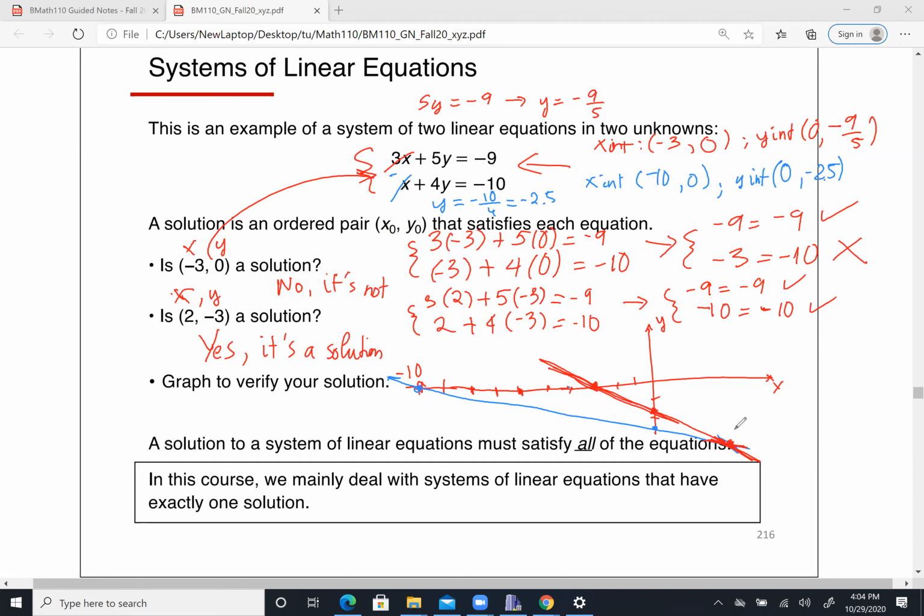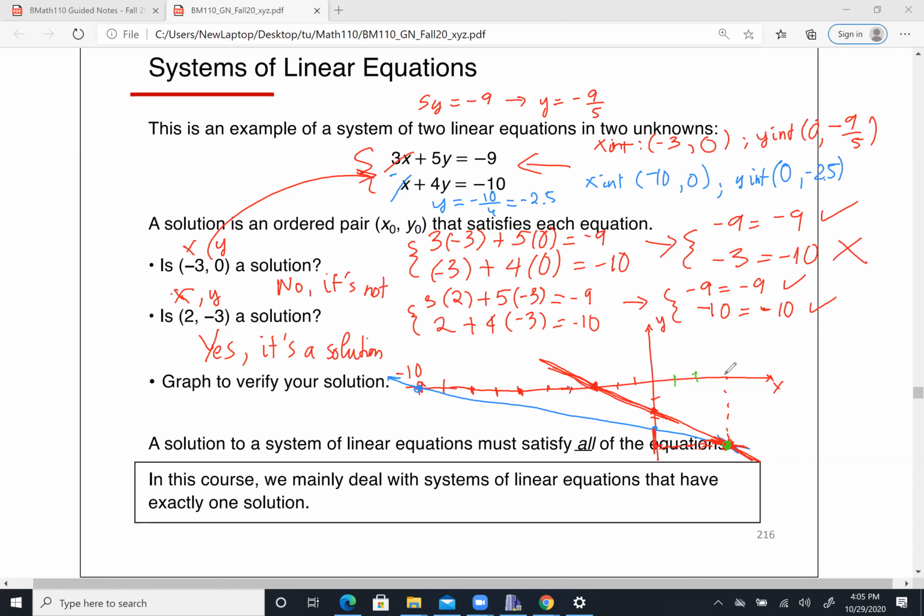So in order to verify the solution by graphing, you might have to estimate that at this point, let me use the green one. At the intersection point, what is the coordinate of it?